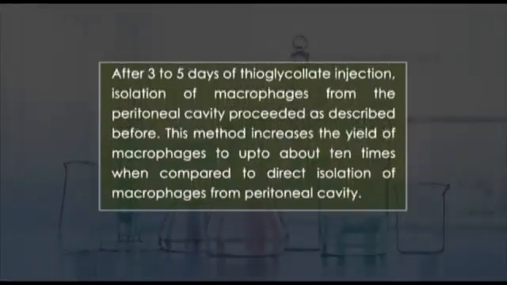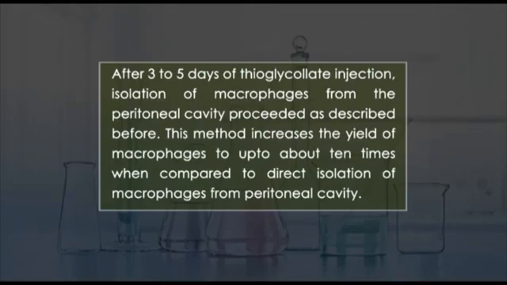For thioglycolate elicited macrophages, about 5 ml of 3% weight by volume Brewer's thioglycolate medium is injected into the mouse prior to isolation of macrophages. After 3 to 5 days of thioglycolate injection, isolation of macrophages from the peritoneal cavity proceeds as described before.